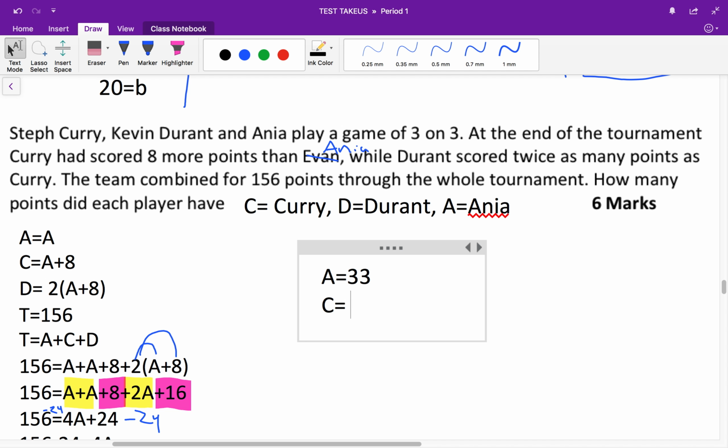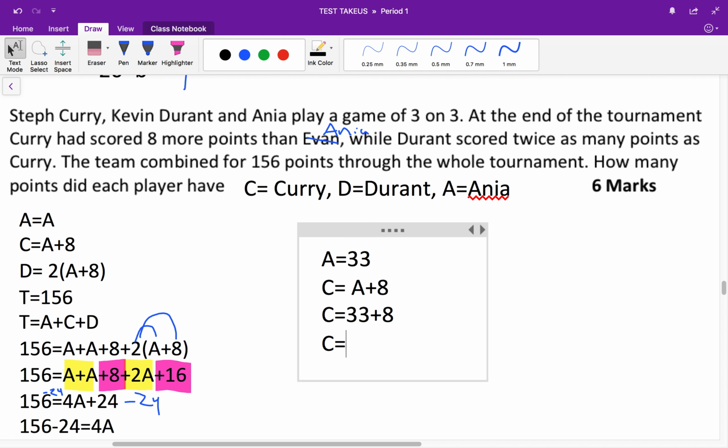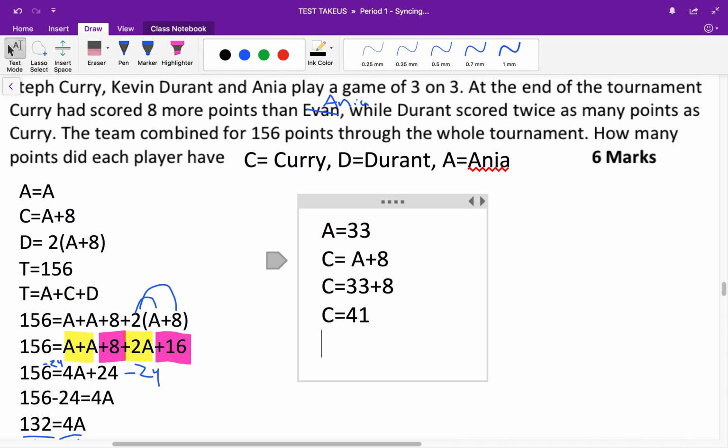Now we know that Curry equals A plus 8. So Curry is going to equal Anya's score, which is 33 plus 8. So Curry scored 41. And lastly, Durant equals 2 times A plus 8.